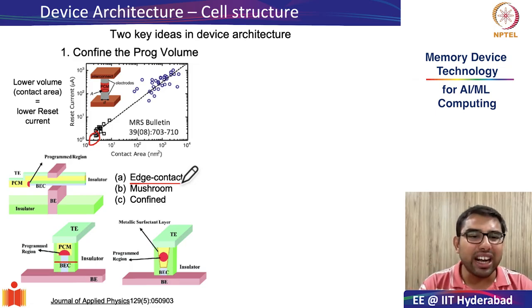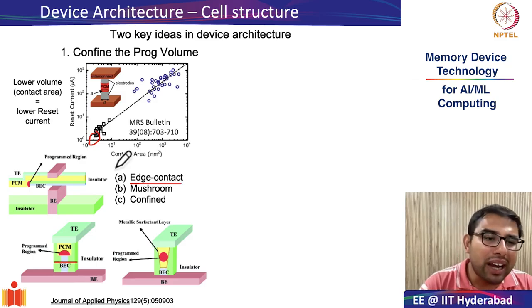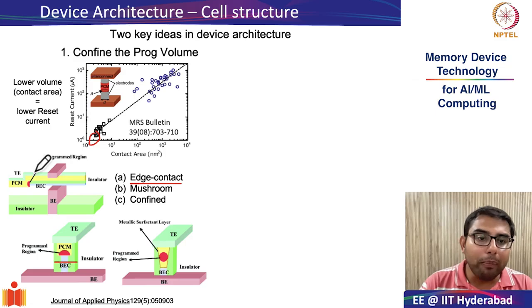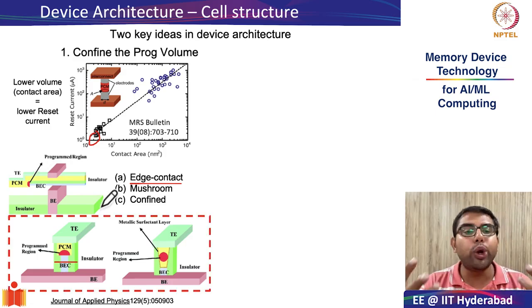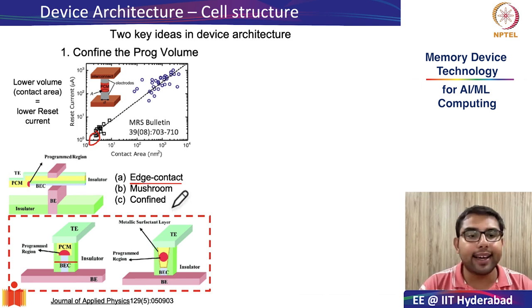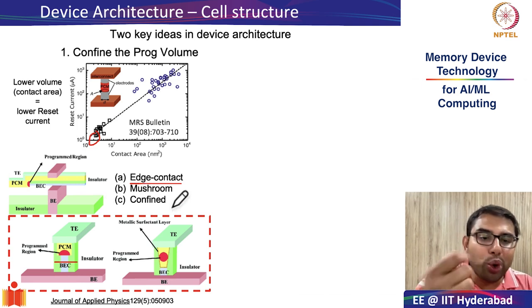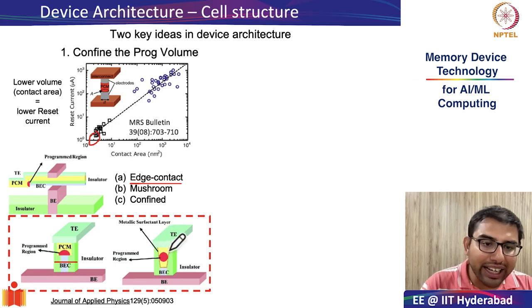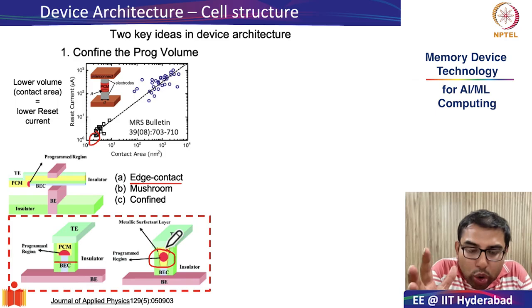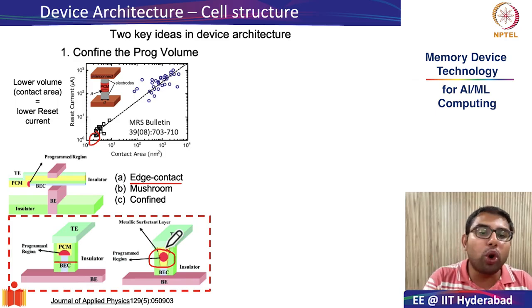However, as you can understand, the edge contact area will have problems in manufacturing yield, and therefore the common techniques of trying to make commercially viable products are the mushroom and confined cell architectures. Comparing the mushroom and the confined cell architecture may tempt you to believe that the confined architecture is better, because the programmable volume looks even more constrained.